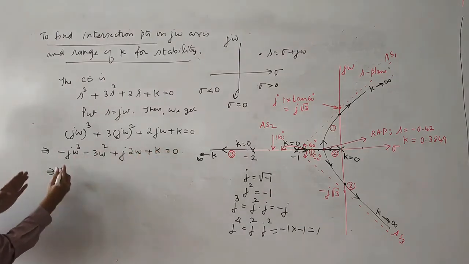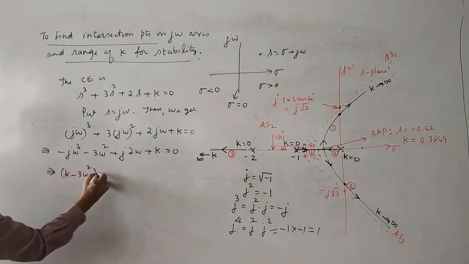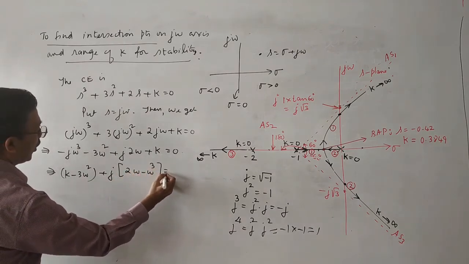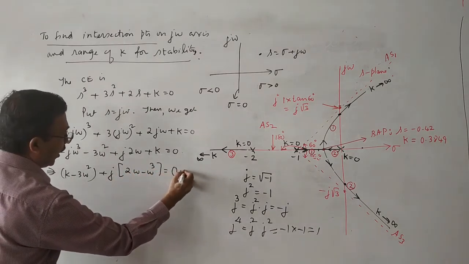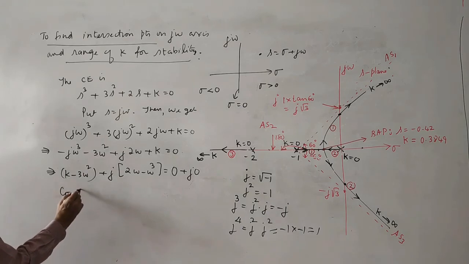Write real part and imaginary parts together. K minus 3 omega square plus j into (2 omega minus omega cube) equal to 0. 0 we will write as 0 plus j0. We'll compare real and imaginary parts on both sides.